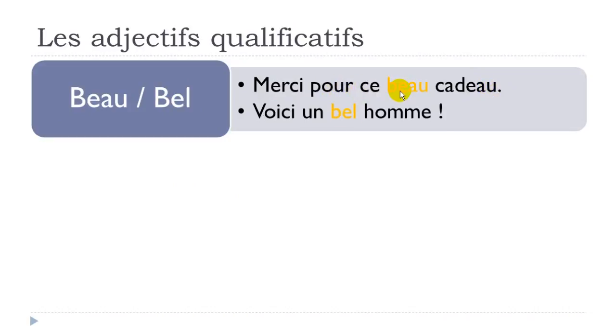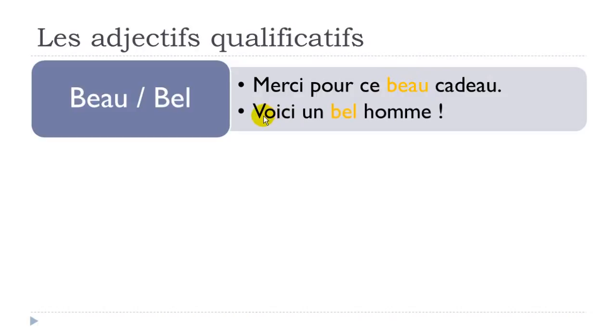So, thank you for this beautiful gift. As we saw previously, we put the adjective before the word, cadeau here, gift. And cadeau is masculine, so we put the beau form that we saw previously.